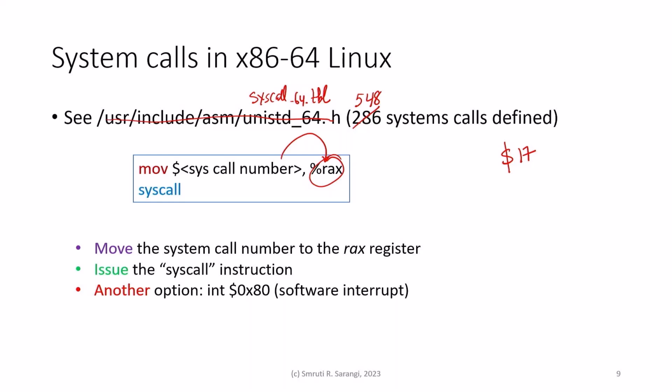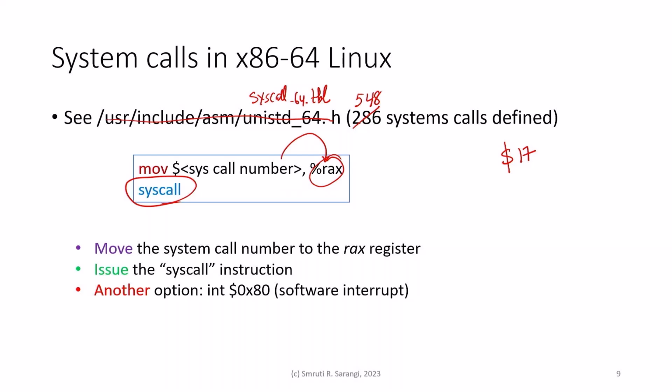So your system call number goes to RAX, and then you simply invoke the syscall instruction. What the syscall instruction does is generate an interrupt. The OS observes that a system call has happened.